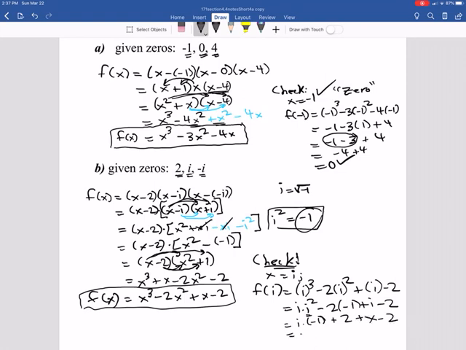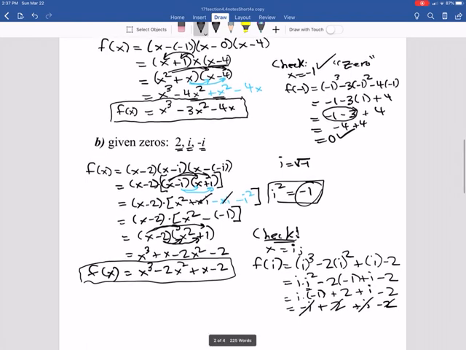Well, i times negative 1 is negative i. So we got negative i plus 2, plus i minus 2. And as we combine the like terms, what happens? We get 0.